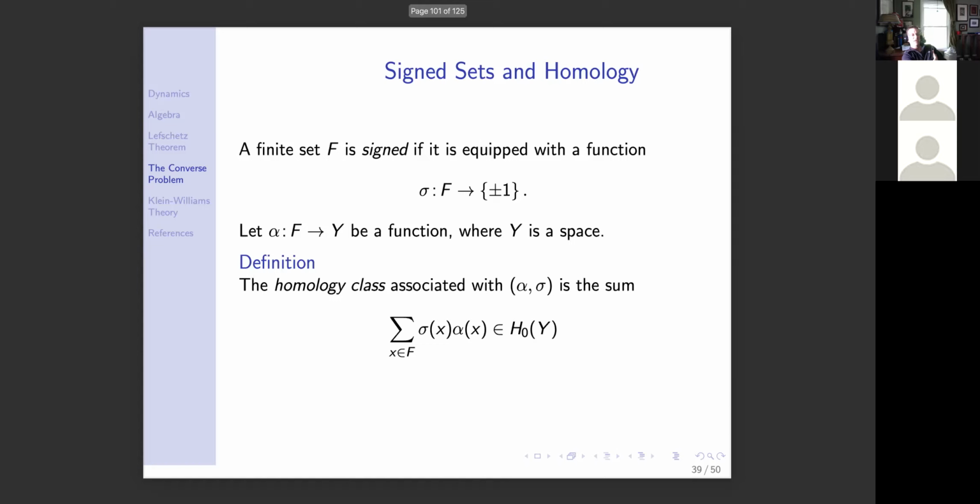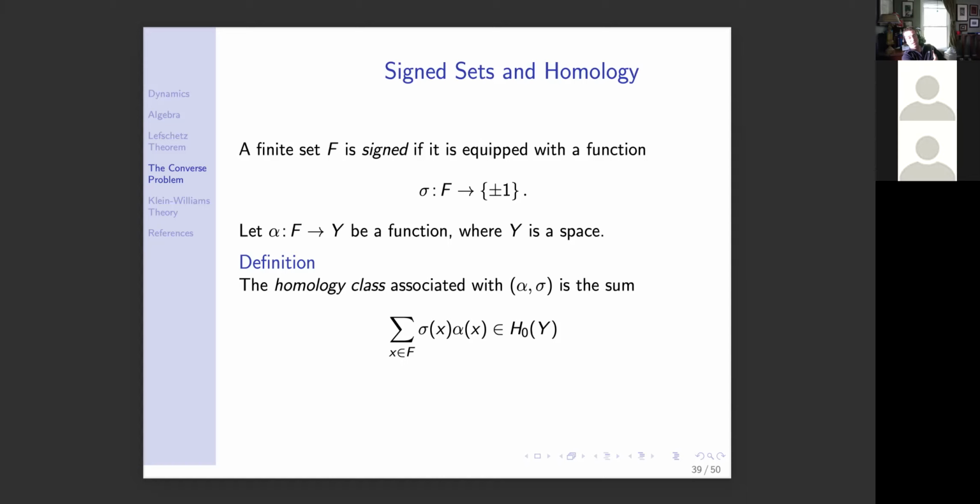And then we can define a homology class in degree 0 associated to that data. What you do is you take the value of the function alpha at a point and multiply it by its sign, and then you sum up. And that's a zero-dimensional chain. It's a sum of singular zero simplices, if you think about it.